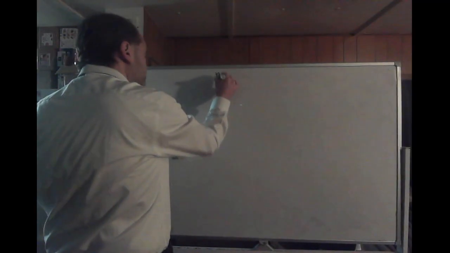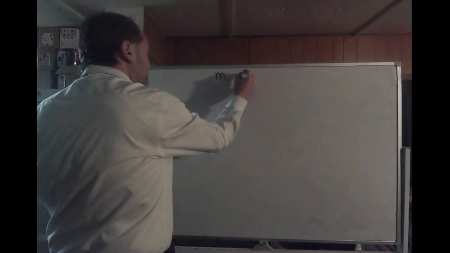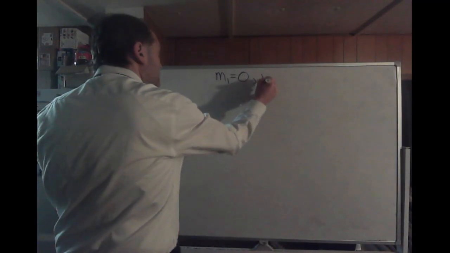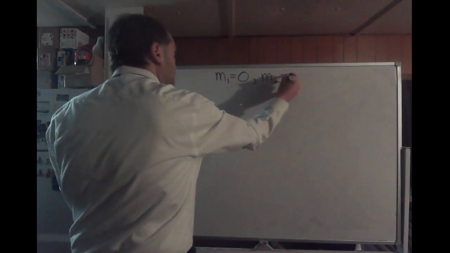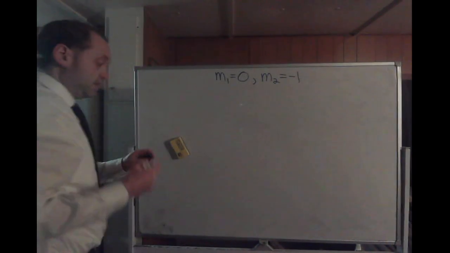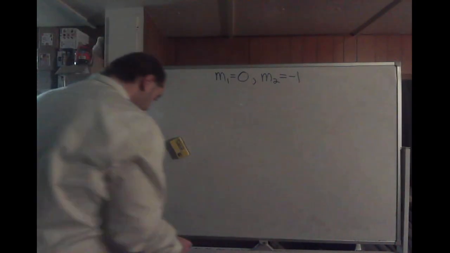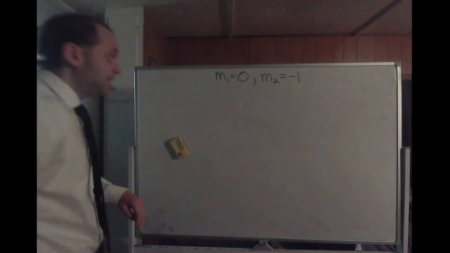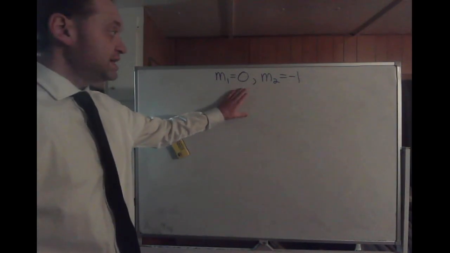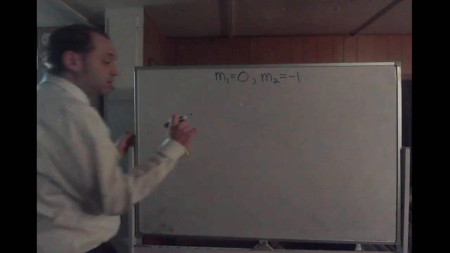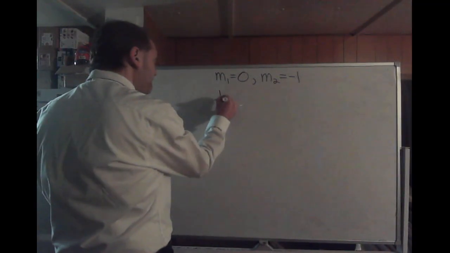Okay, what about the slope of the first line equals 0, the slope of the second line equals negative 1. So I have 2 lines. The slope of the first one is 0. Slope of the second one is negative 1. Well, they're clearly not equal, right?